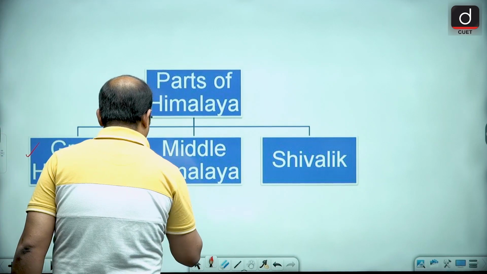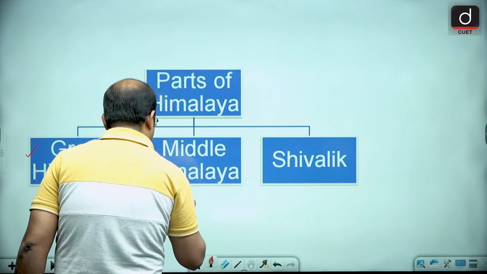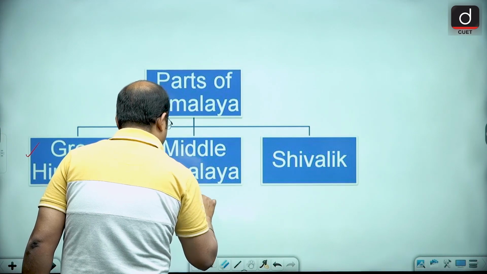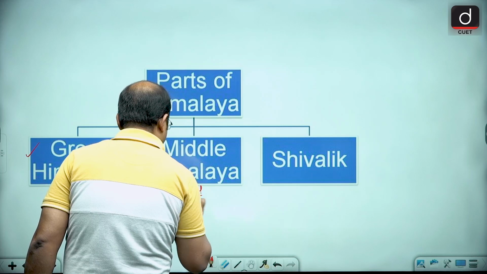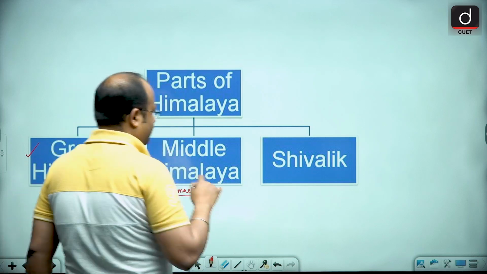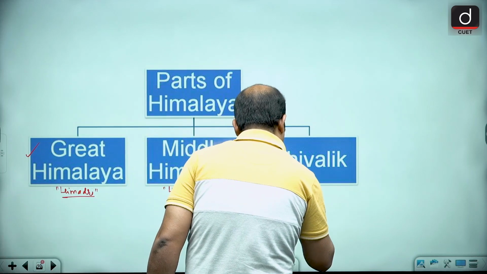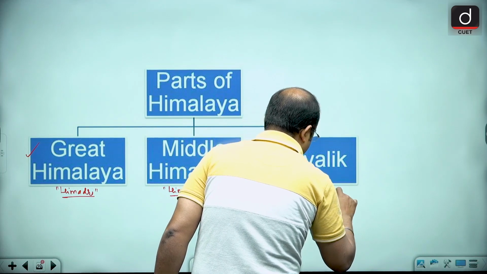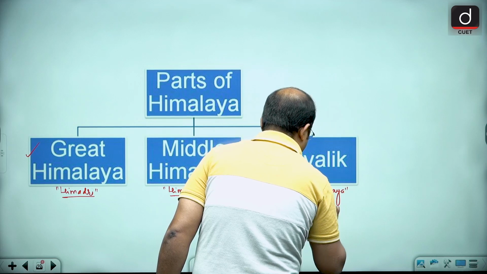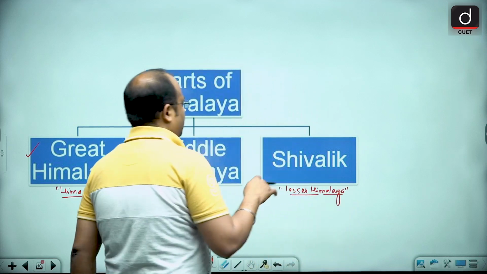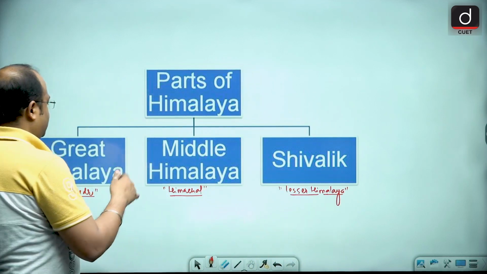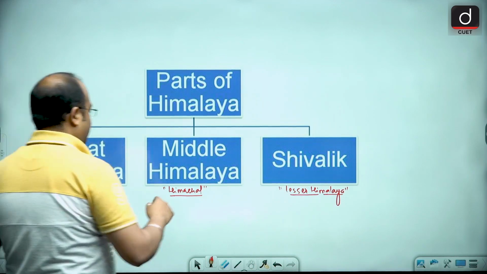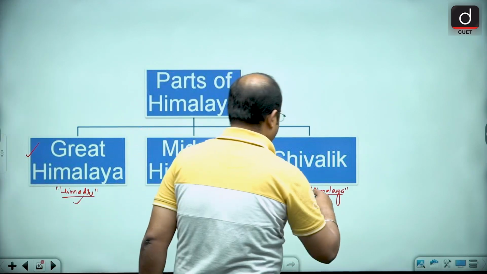Middle Himalaya is called Himachal, and Lesser Himalaya is called Shivalik. I will be discussing all three: Himadri, Himachal and Shivalik.